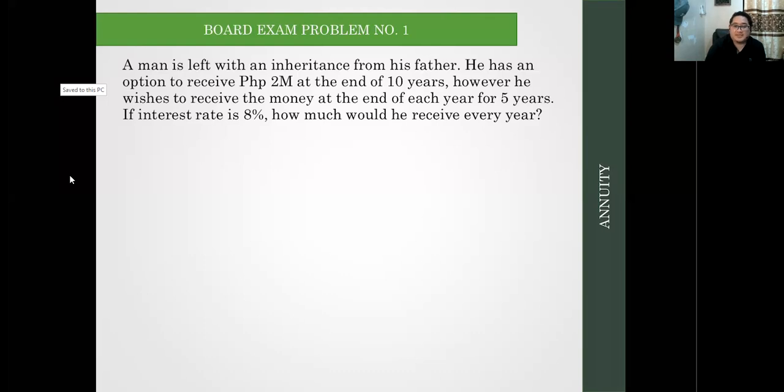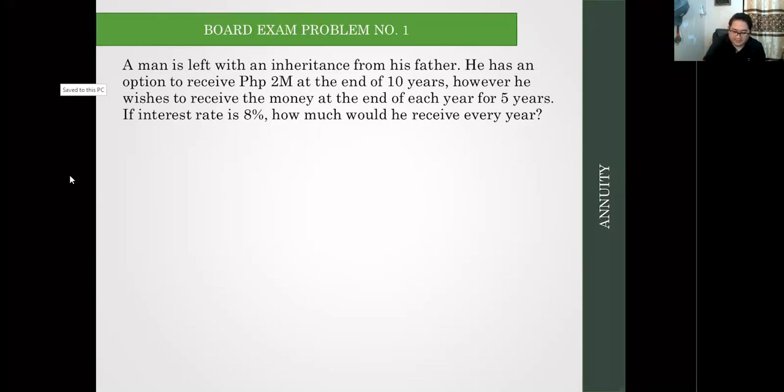Kaya nilagyan niya ng interest rate. So, magkakalta siya ngayon ng 8% doon sa 2 million per year. So, magkano yung magiging amount na matatanggap ni mama para yung 2 million niya is makuha niya in 5 years lang. Okay?